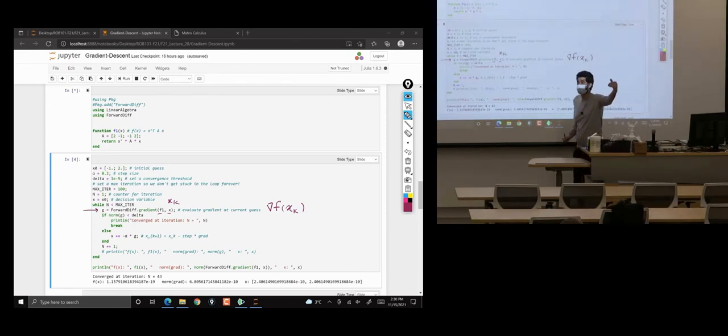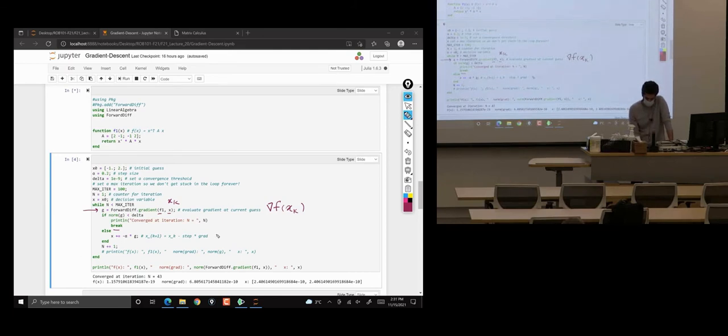That was the first step, right? What was the second step? The second step was to evaluate the gradient, but also check if the norm is 0. If the norm of g, the gradient, is less than that threshold delta, in practice, of course, it's not going to be perfectly 0, then we have converged. The algorithm is converged, and then we break the loop. If not, else update your decision variable.